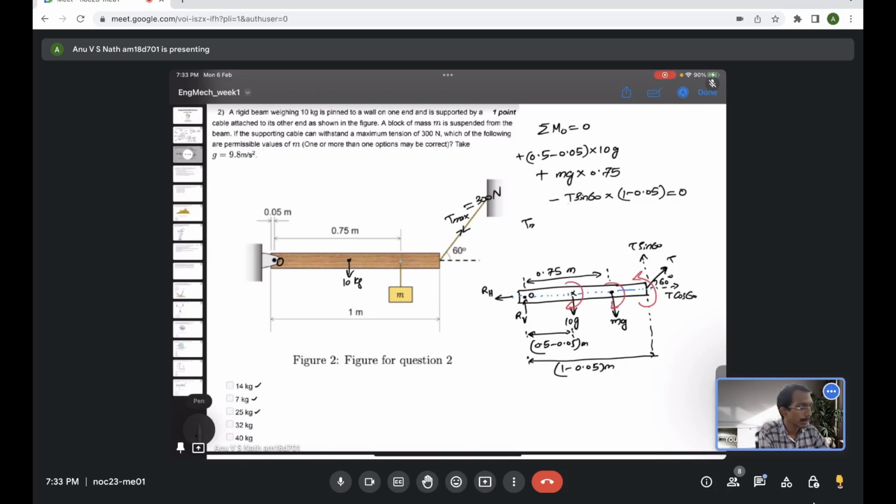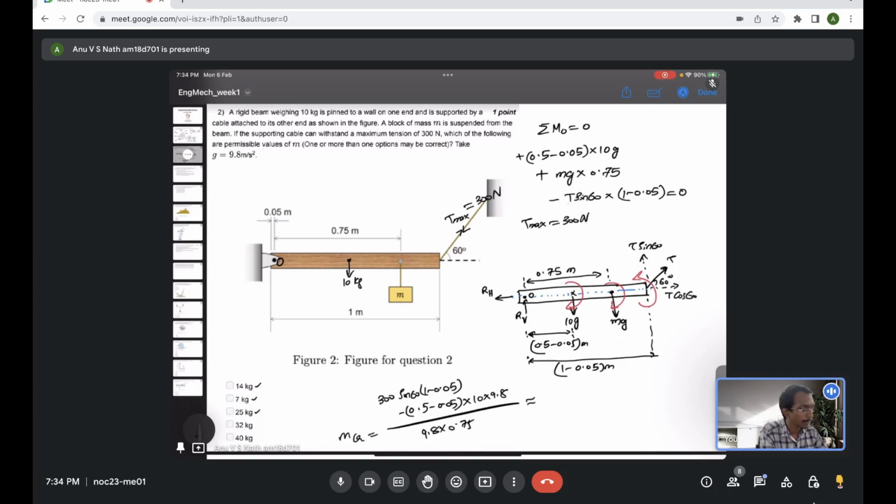So if T max is 300 Newton, we can solve for the critical value of M. M critical is 300 sin 60 times 1 minus 0.05, minus 0.5 minus 0.05 into 10g, with g as 9.8, the whole divided by 9.8 times 0.75. I'm just rearranging this equation so that you can get the critical value of M.